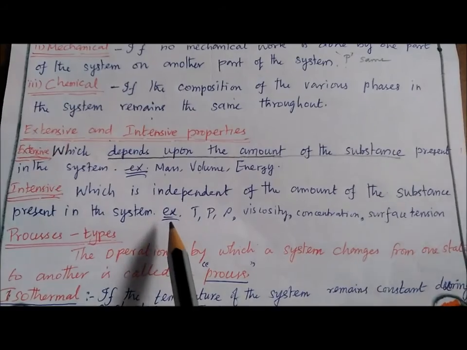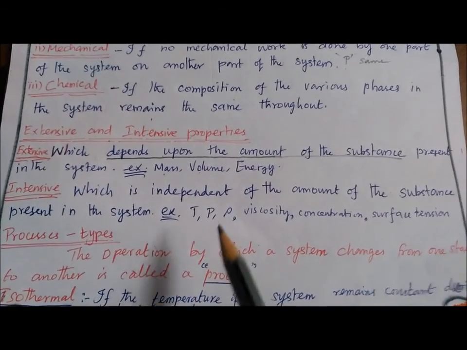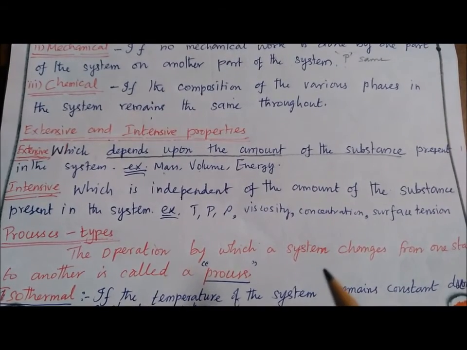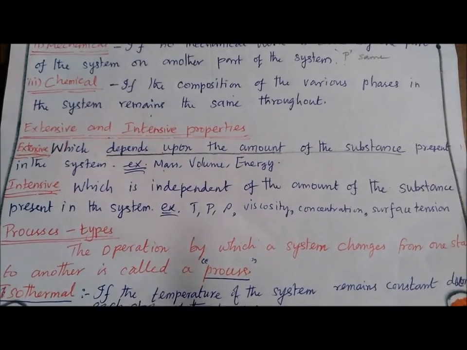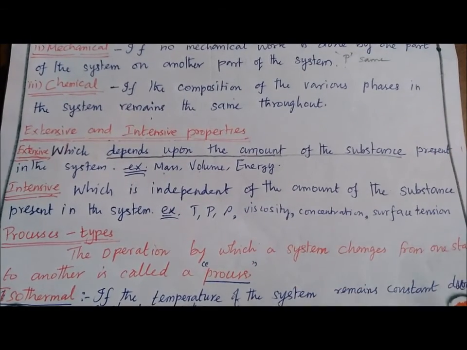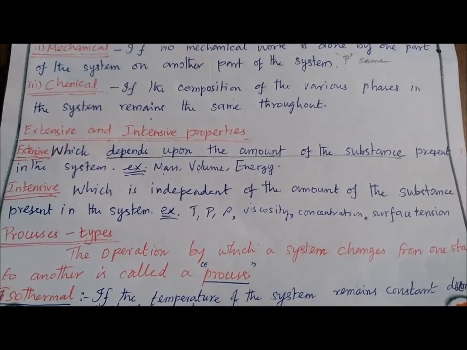Simply speaking, if I have 5 ml of pure water, what will be its boiling point? If it is pure, as I already told, pure water has a boiling point of 100 degrees Celsius. If we have 10 ml of pure water, its boiling point will be 100 degrees Celsius.